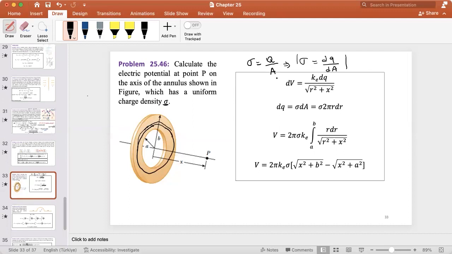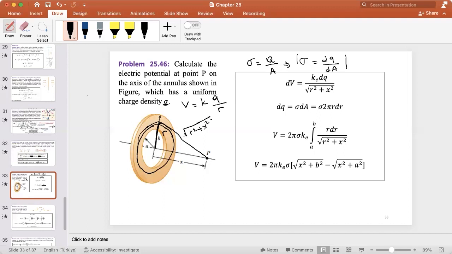Now how can I calculate the potential? Of course, normally I know potential equals K Q over R. This is my potential. What's the R? If I take it from here, I have to know this displacement. If this is X, and this part is its radius r, then this one equals the square root of r square plus x square.